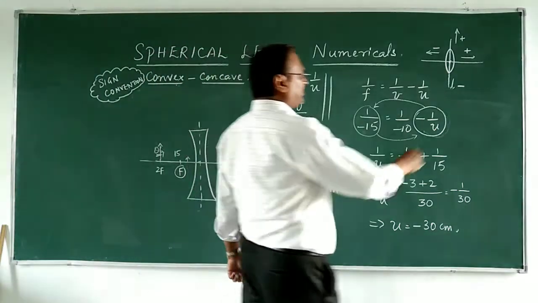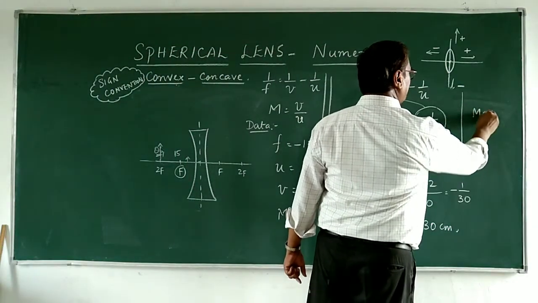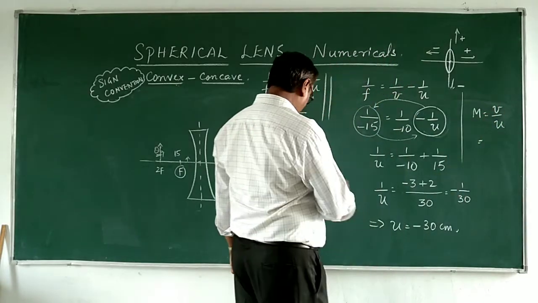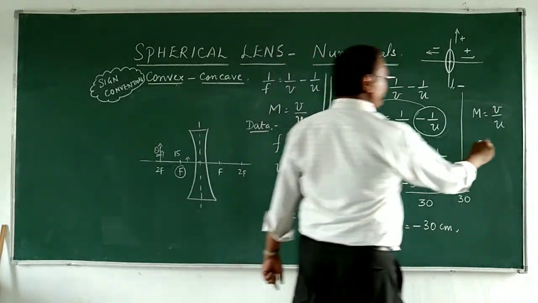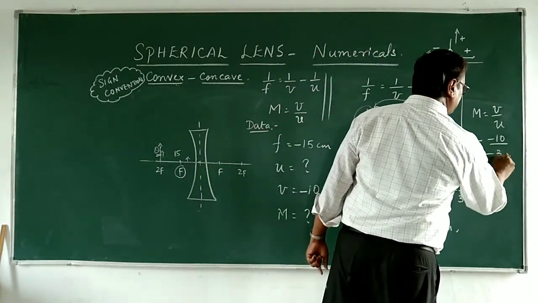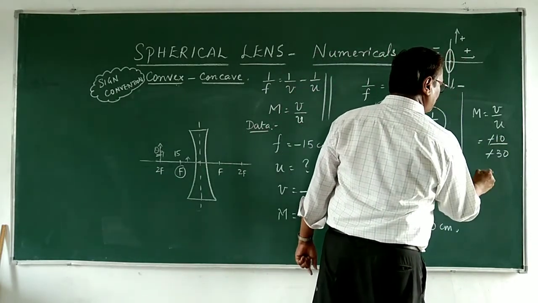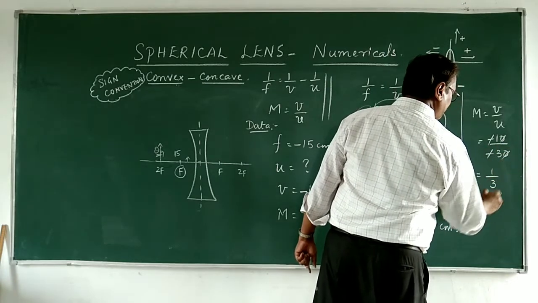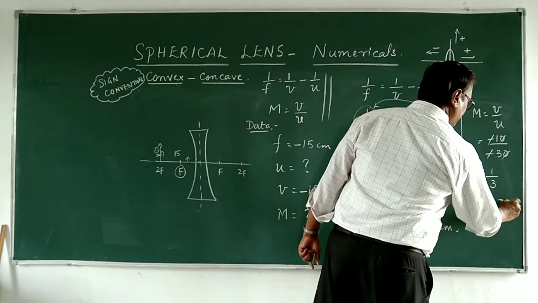Now I need to calculate magnification, which is V upon U. What is V? V is minus 10. Don't leave the sign. U is minus 30. Cancel these two, that is equal, 0 goes, 1 upon 3. 1 upon 3 is nothing but 0.33.